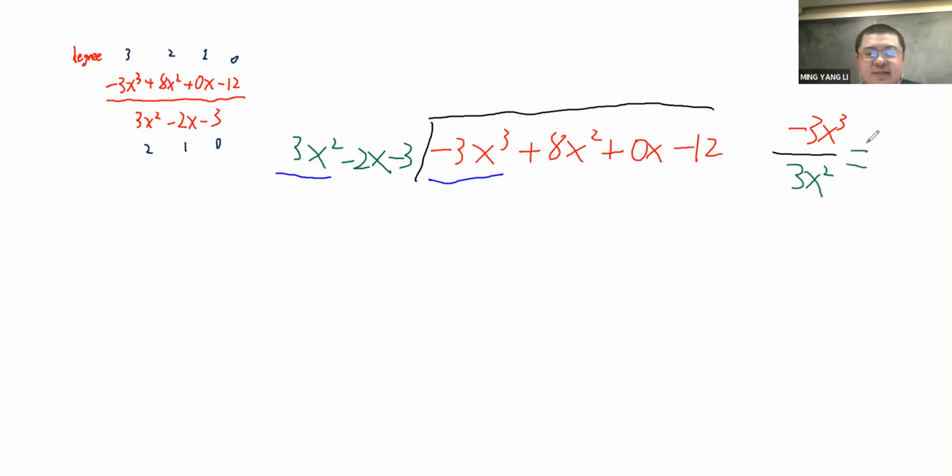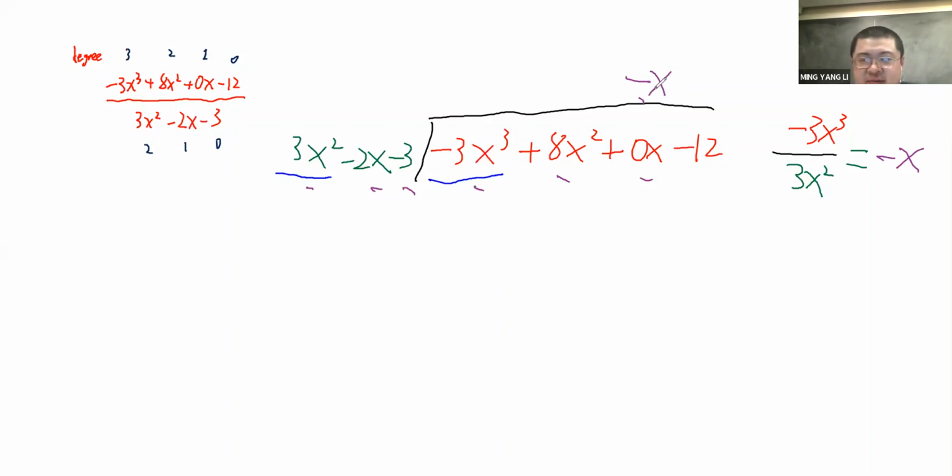We calculate this division: the 3 and 3 cancel, x cubed divided by x squared is x, so it's negative x. Now we know the first term of the quotient should be this negative x, but where we put it depends on counting the terms. Here we have 1, 2, 3, so we need to start with 1, 2, 3, so it's here. This negative x should be put on top of the third term.